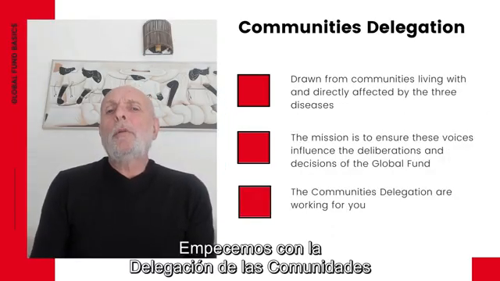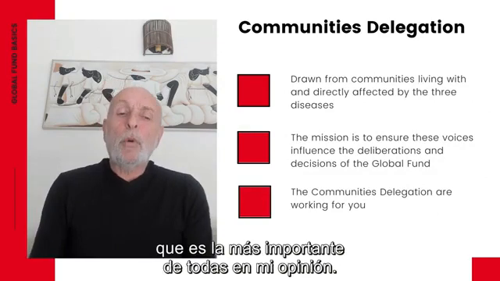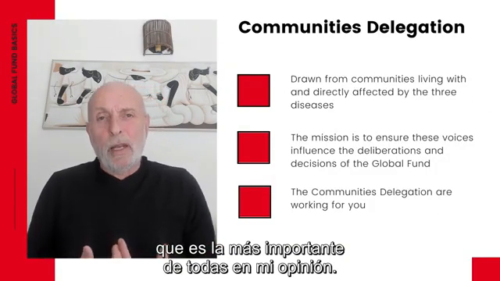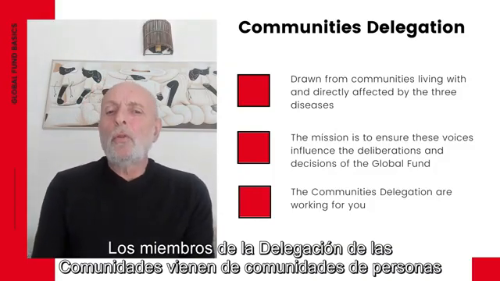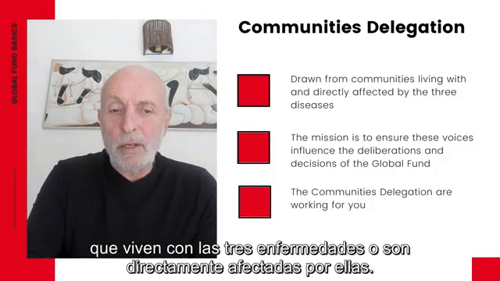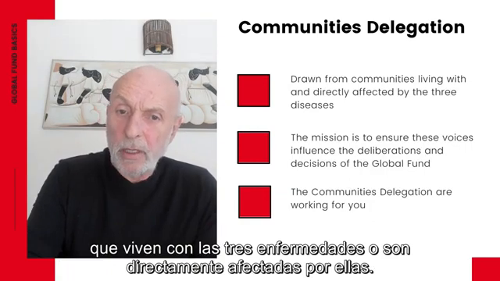So let's start with the communities delegation, which for me is the most important delegation. The communities delegation members are drawn from communities living with and directly affected by the 3 diseases.